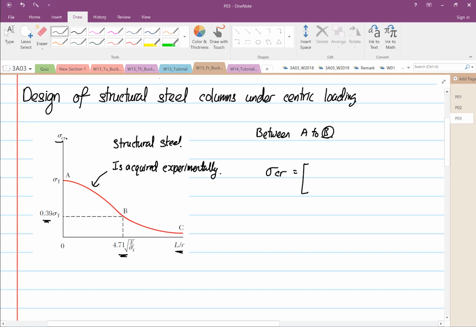Critical stress equals 0.658 to the power of stress Y over stress E, close bracket, and this is your stress Y.